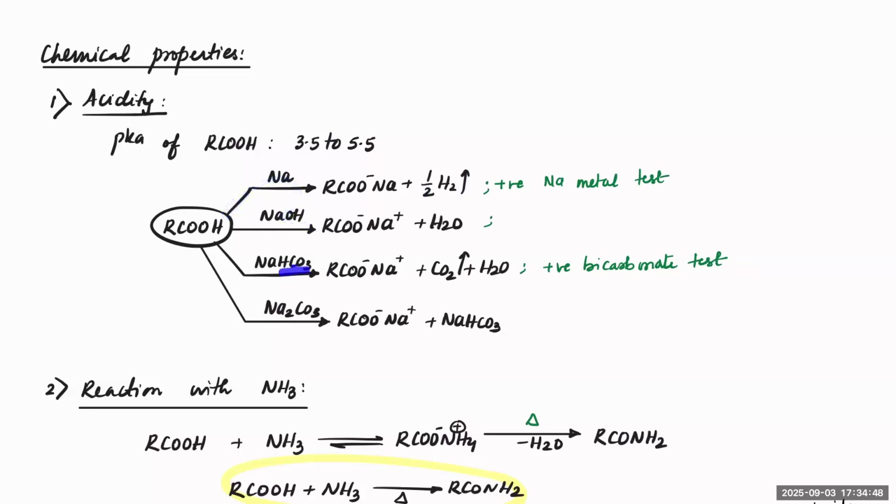Here also HCO3 minus is a base, it will take away H plus. CO3 2 minus is a base, it will take away H plus. And that's how you will get carboxylate ions and respective products. Now here, when you treat with NaHCO3, carbon dioxide is forming. That's why it is a test.